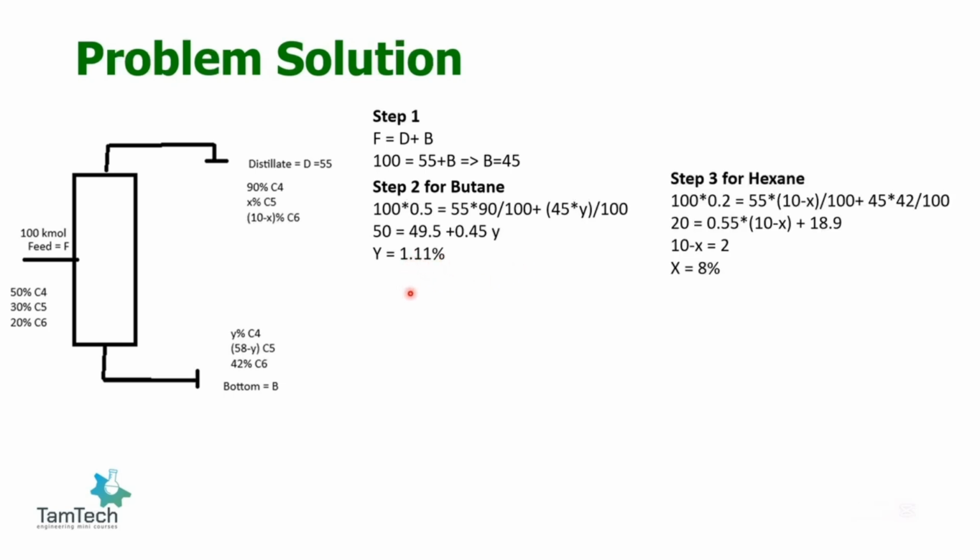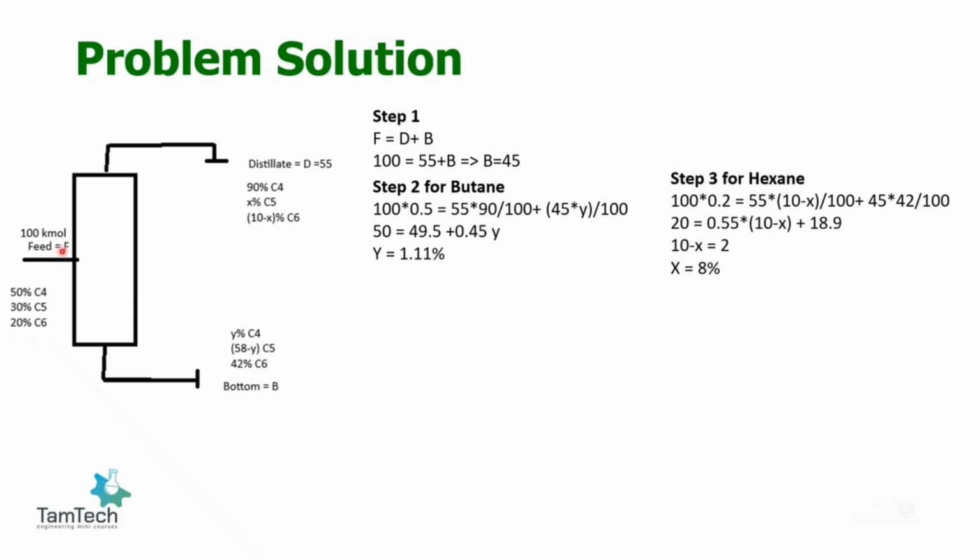And step 3 is the same as step 2, but we need to write it for another unknown. We can write it for C5 also, but I chose to write it for C6, as in C5 we have two unknowns. Although we found one of them, which is Y, the calculation would be a little bit longer. That's why I chose hexane for step 3.